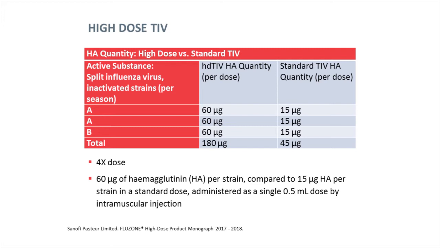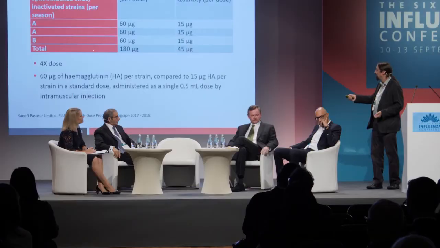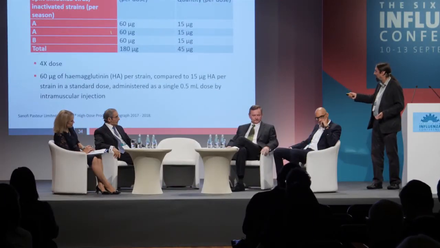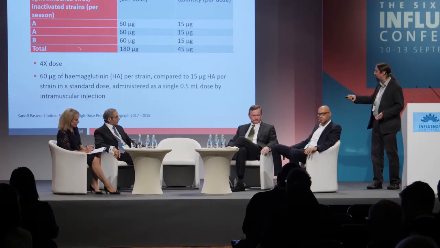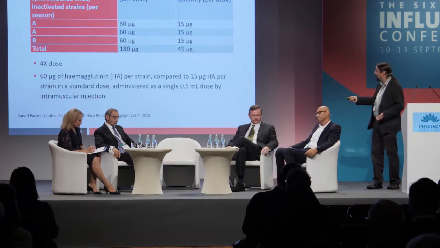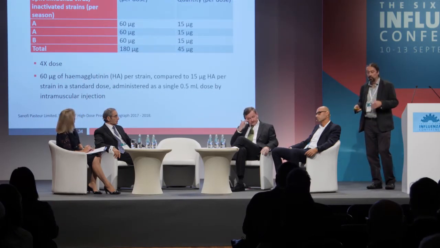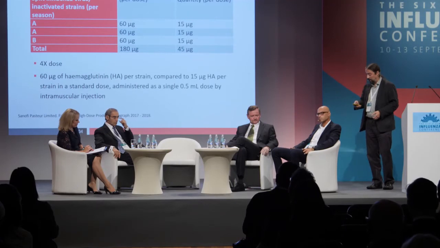This is a split vaccine, so it's partially purified. What has been done in the high-dose trivalent vaccine, TIV, is to induce 4 times the dose, so increase the number of antigens, and this is done by making some more purification and concentration of the standard TIV HA.